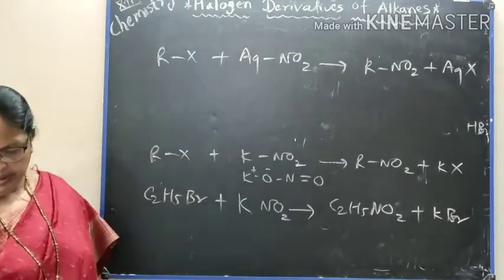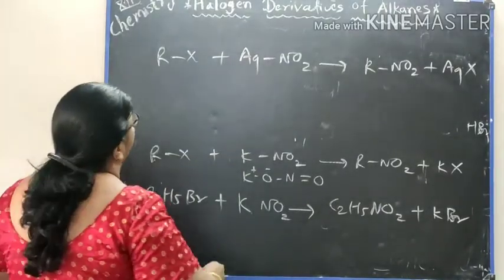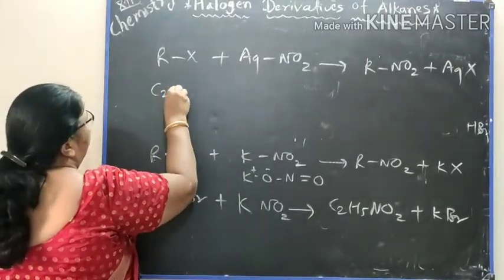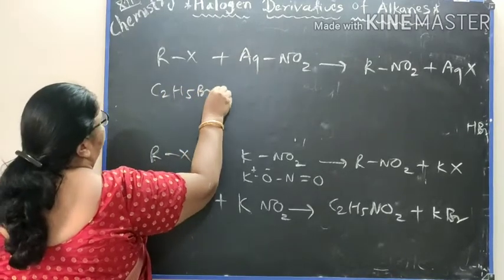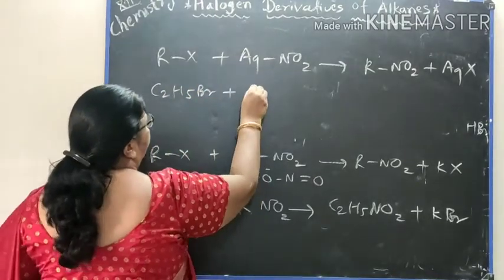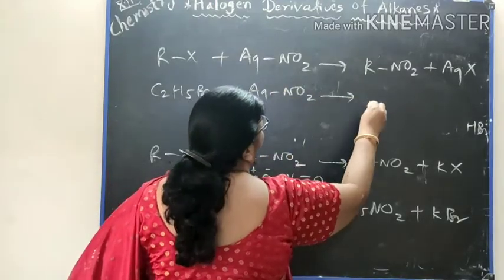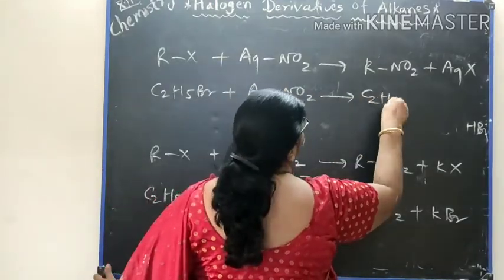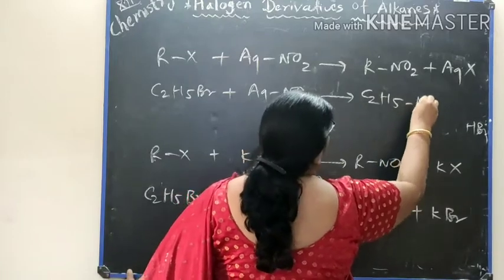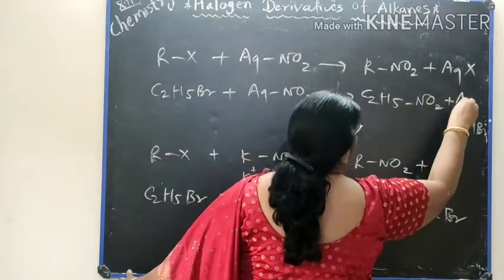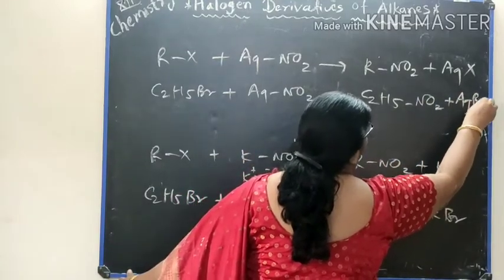Suppose you consider C2H5Br, when it is treated with silver nitrite, AgNO2, mostly it produces C2H5NO2, ethyl nitrite, with silver bromide.